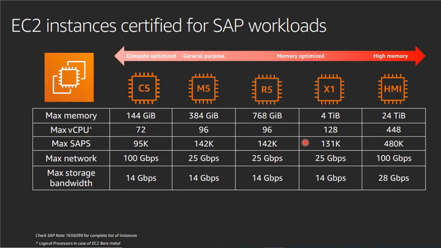With HMI, you will have 100 Gbps of bandwidth, and with the largest C5 instance, you can also get up to 100 Gbps of network bandwidth. Similarly, very big maximum storage bandwidth numbers are available for all these families. So depending upon your requirement, you can select any of the certified instances.